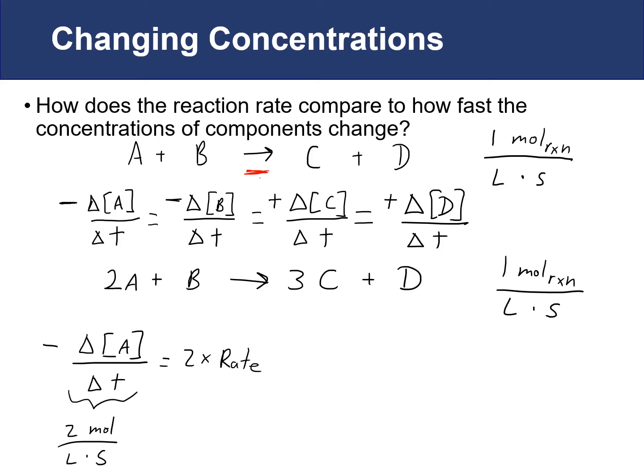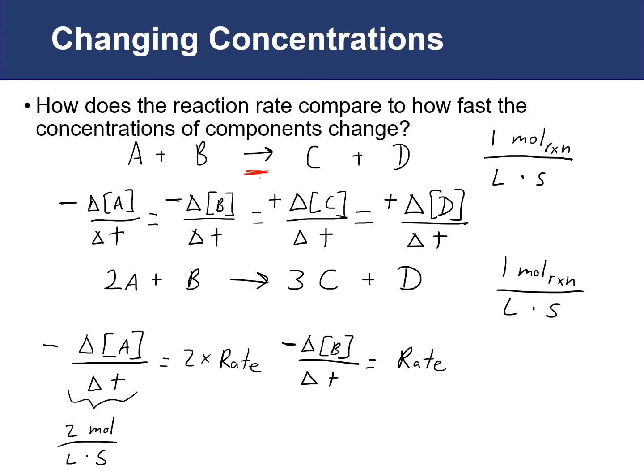Our value for B would be the same as the rate. So our change in the concentration of B with time would be equal to our rate, and then we would have a negative in front of B because the rate is occurring at 1 mole per liter per second.